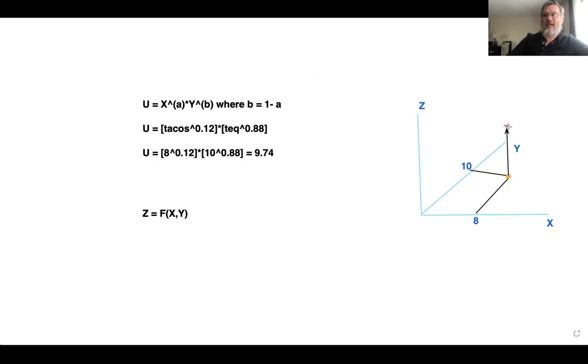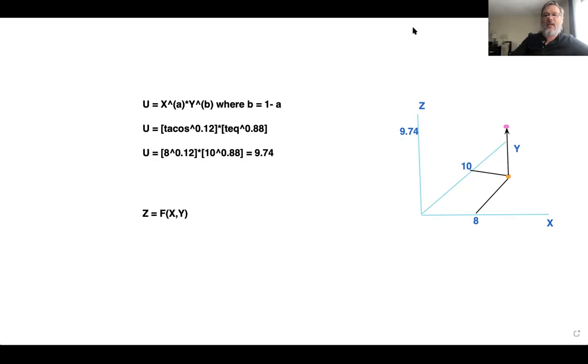So that point up here corresponds to a value in this z dimension of 9.74. Now that's just one point on this surface. But that's what you guys just calculated, 9.74.